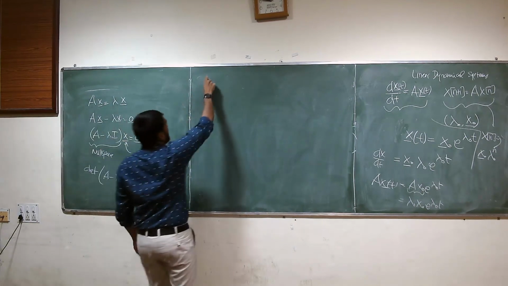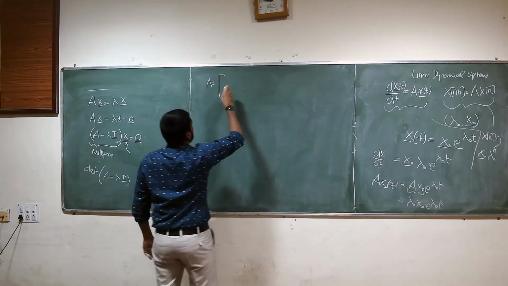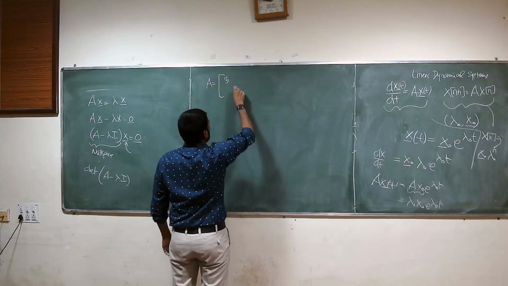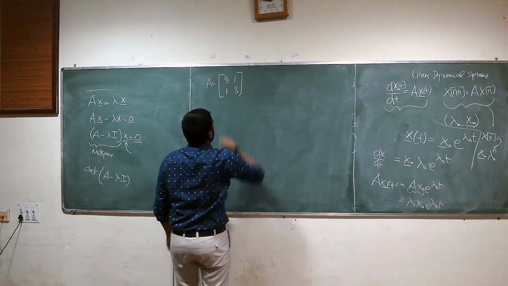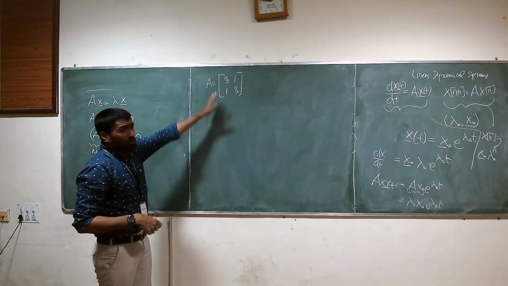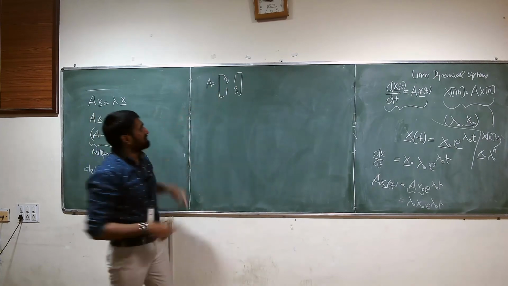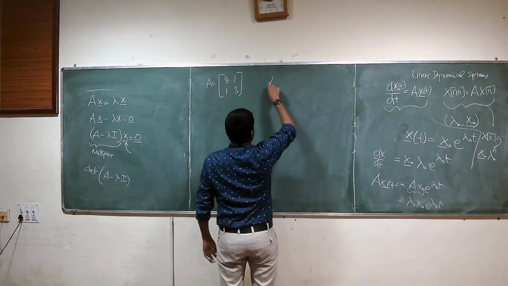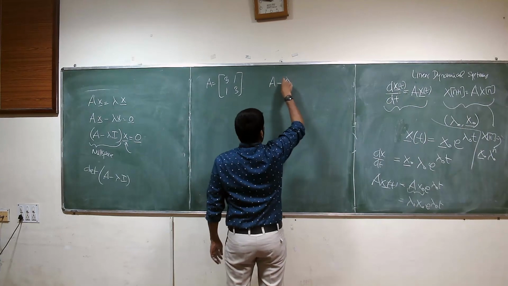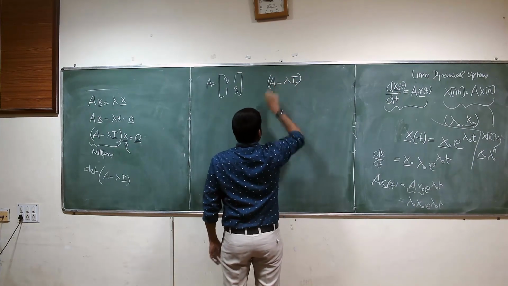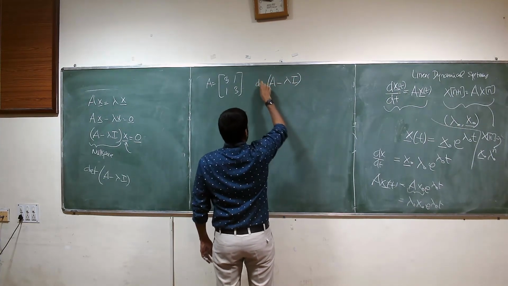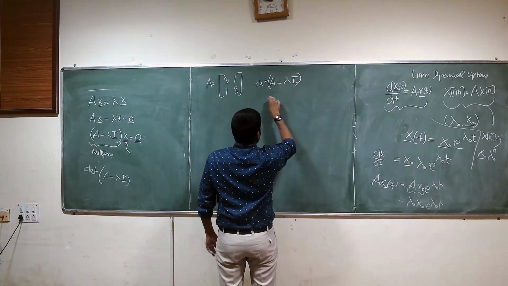Let's say A is 3, 1, 1, 3. We want to find the eigenvalues and eigenvectors of this. First, you take A, subtract some lambda times I, and find its determinant. What is A minus lambda I?